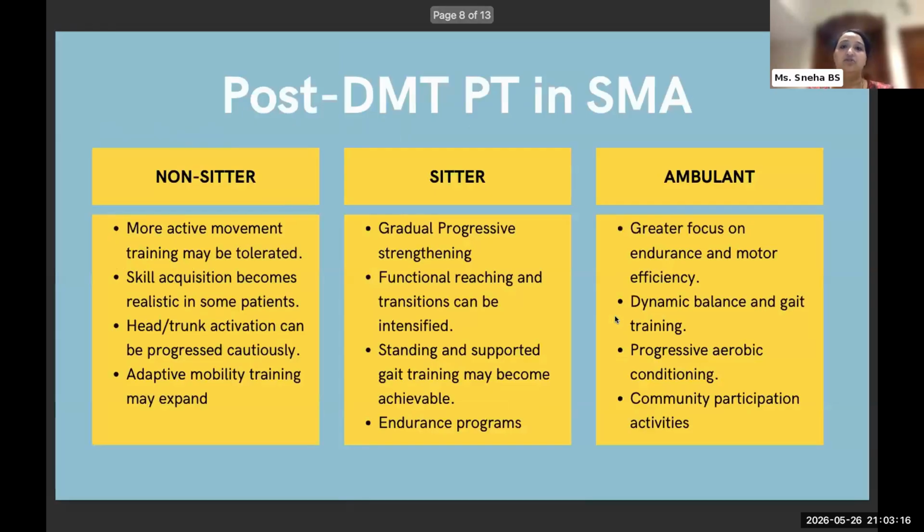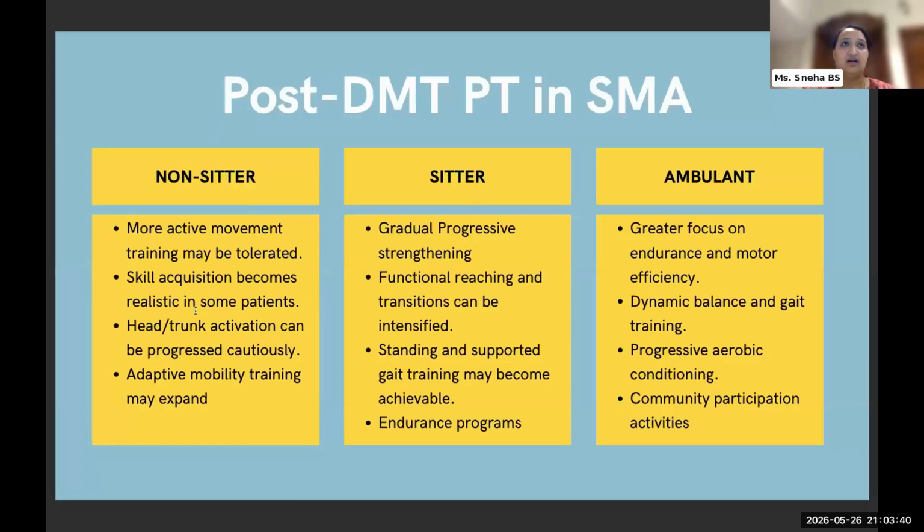overall. So post DMT, what we're trying to do is take it up a notch, right? Again, keeping all the precautions in mind, for non-sitters, we're going to promote functional transitions, neck control and trunk control exercises, more play-based activities, adapt mobility training and things like that.